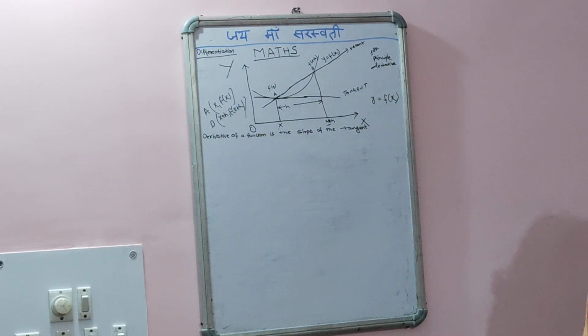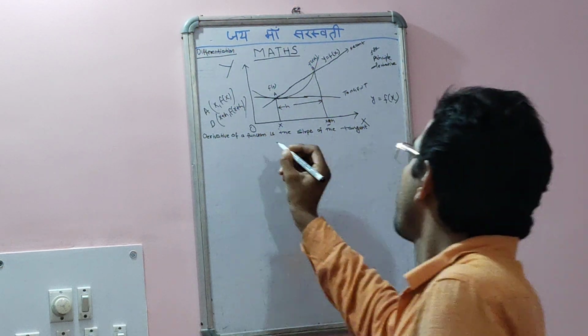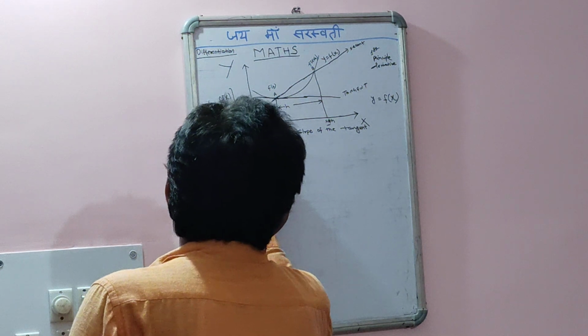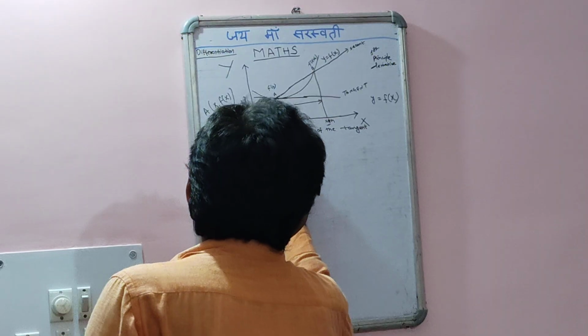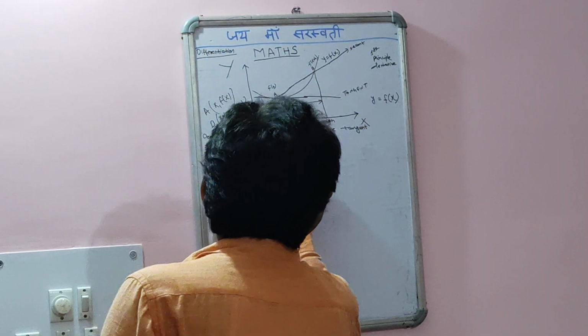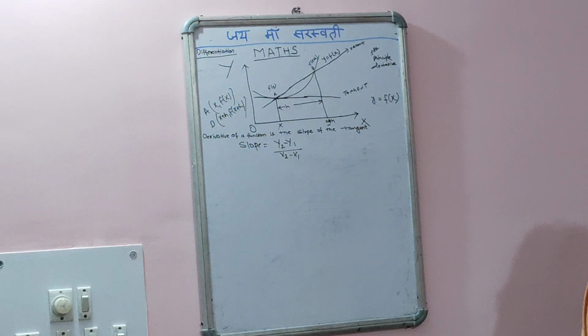So based on the earlier slope formula, slope is equal to (y2 minus y1) by (x2 minus x1). This is the formula of the slope.